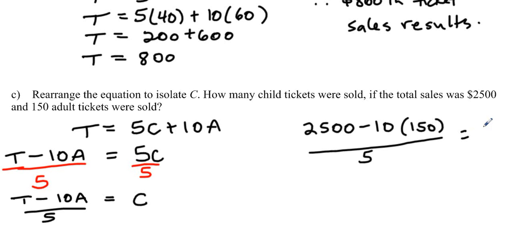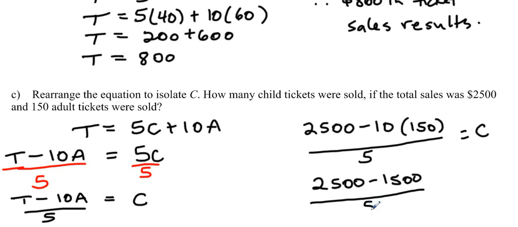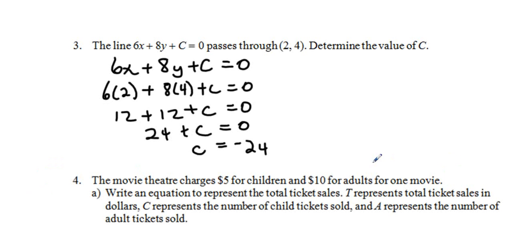And that's going to equal C. And C doesn't have to be on this side. You could have moved it over here if you were comfortable with that. That's fine. So 2,500 minus 1,500 all over 5 is equal to C.